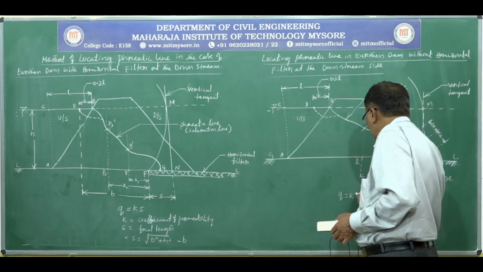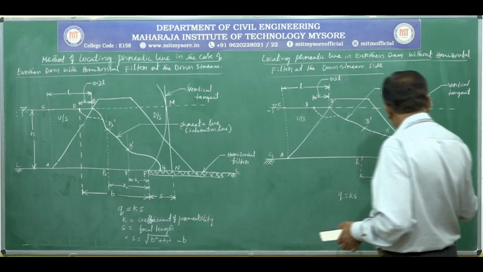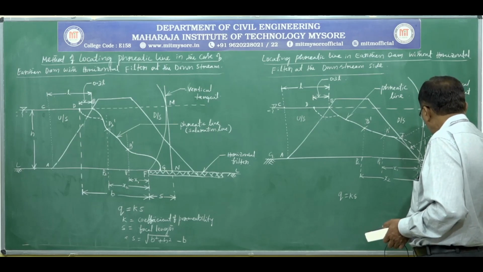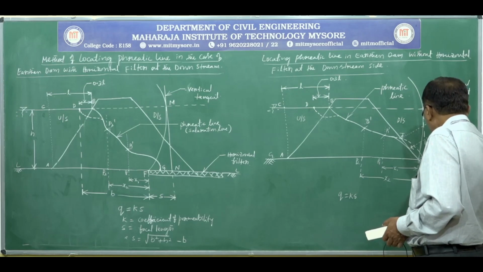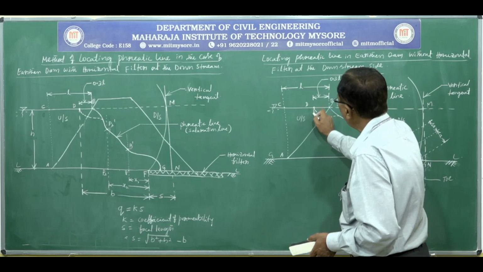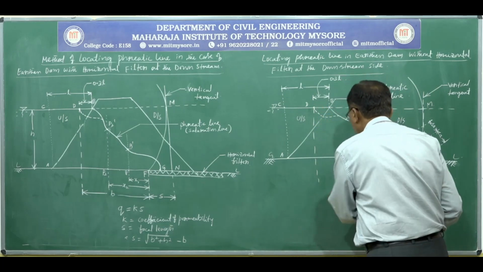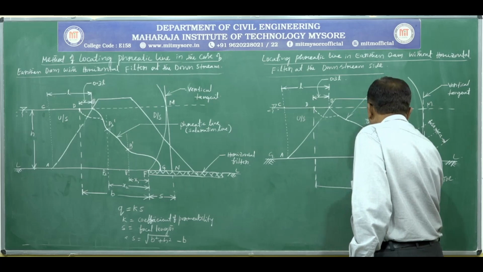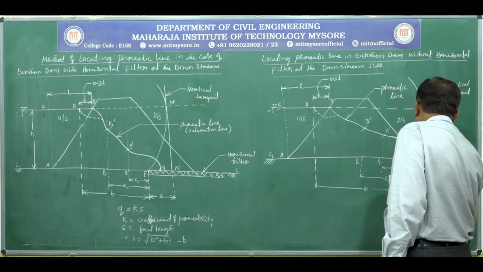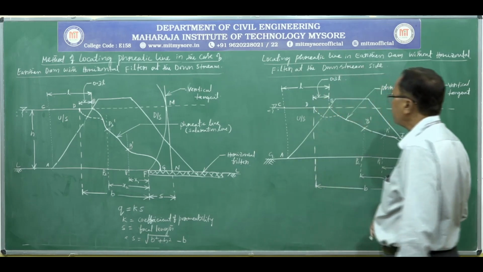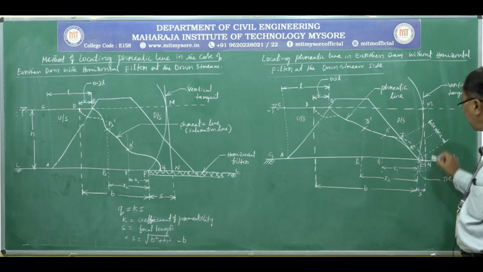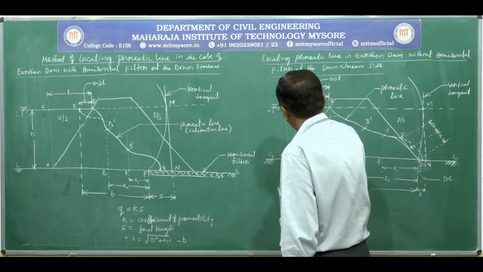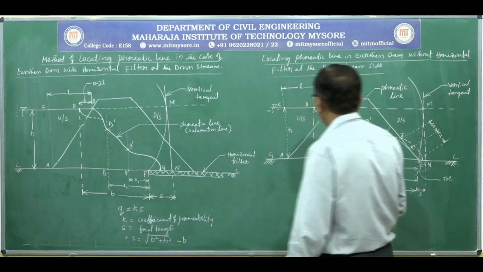Q is equal to K into S, where S is the focal length, the horizontal distance between N and F. The horizontal distance between the commencing point of the phreatic line and the toe is known as B, and H is the height of the water, or head of the water, at the upstream side.